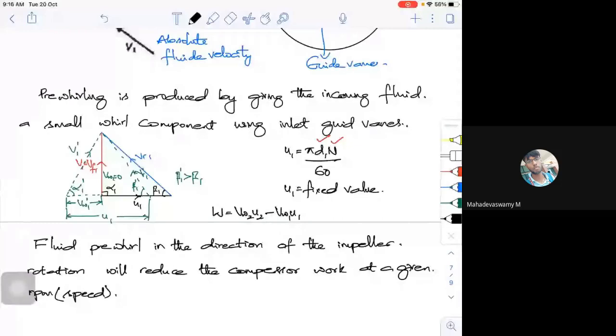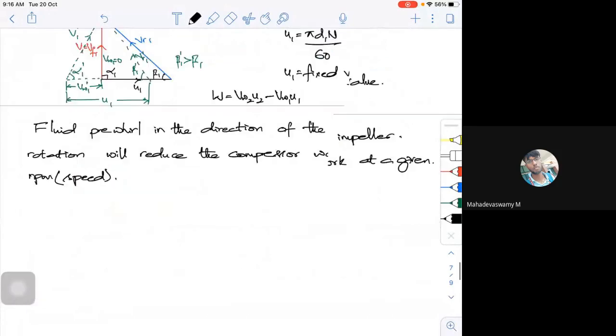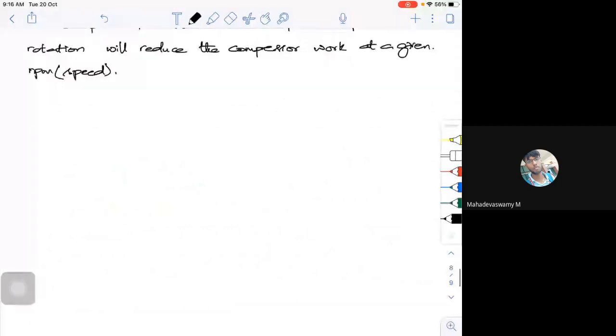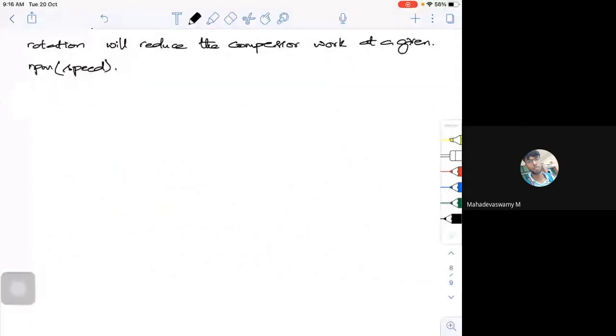Once you have seen this, if you go by your syllabus, these are the things: slip factor, power input factor, or need for pre-whirling. Next we have something called the blade exit angle, that is beta, or discharge angle. What is its effect on your work done or energy?